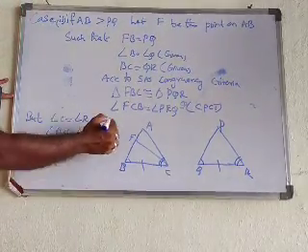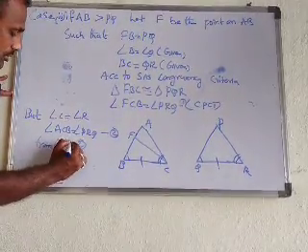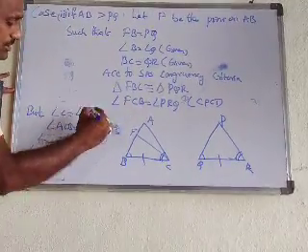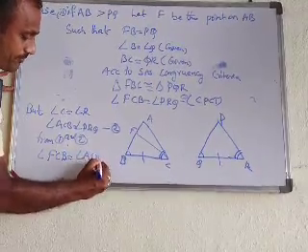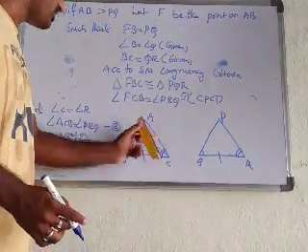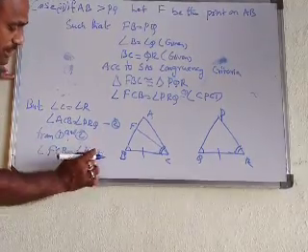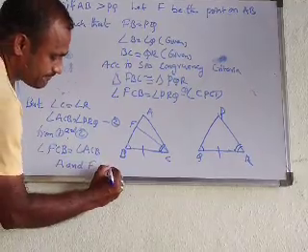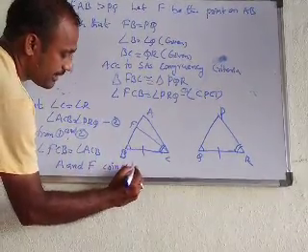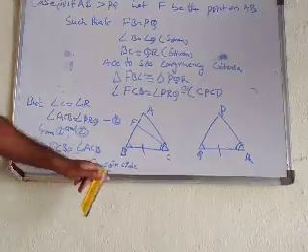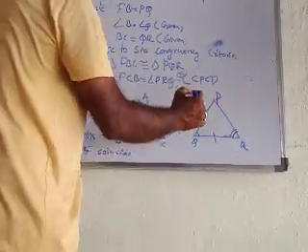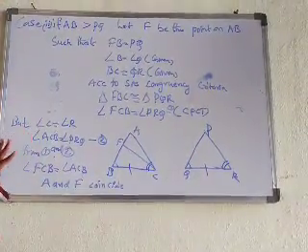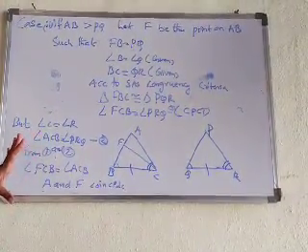From 1 and 2, we can say that angle FCB is equal to angle ACB. This situation is possible only when A and F coincide. Therefore, lastly we can write triangle ABC is congruent to triangle PQR. So in the second case also we proved that these two triangles are congruent.